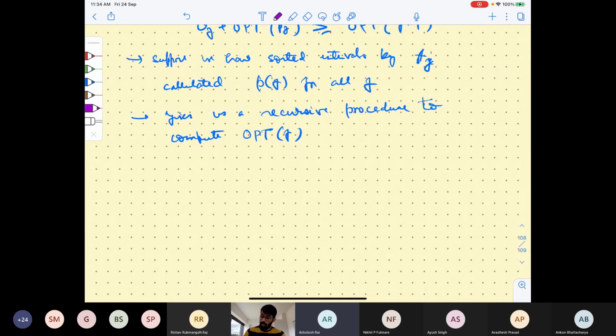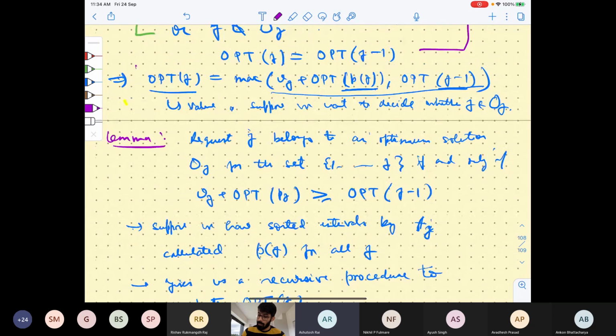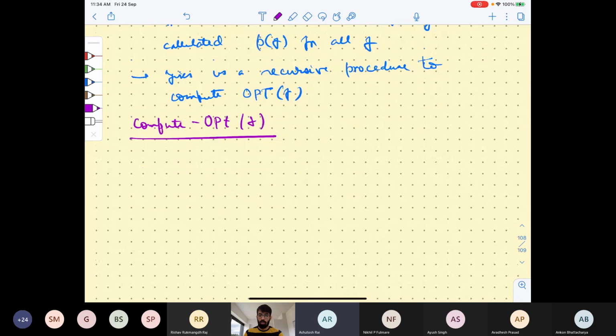So let's write this procedure. Compute opt, let's say j, and basically we'll look at this formula, and you just write that, and that's the algorithm. What does it say? If j is equal to 0, then return 0.